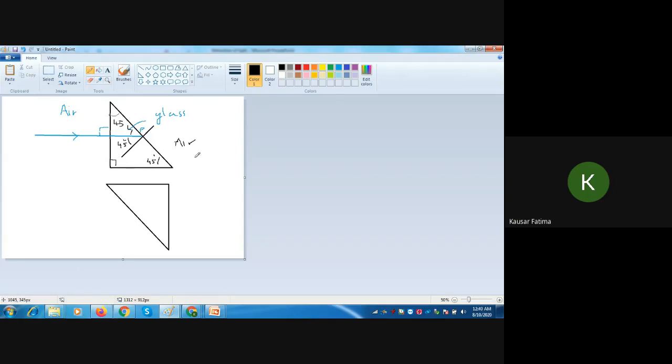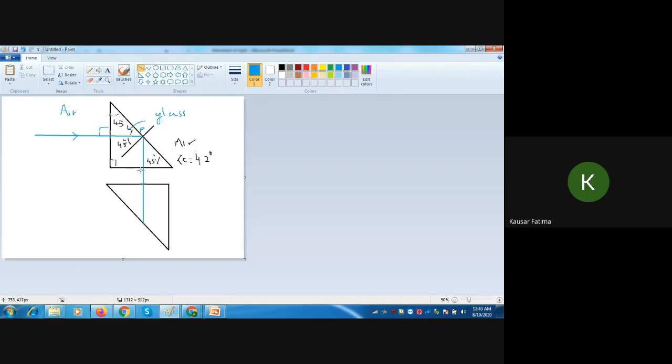The critical angle for glass is 42. This angle is greater than our critical angle, so it will not enter the air, it will undergo total internal reflection, it will come back to the prism, the same medium, glass.